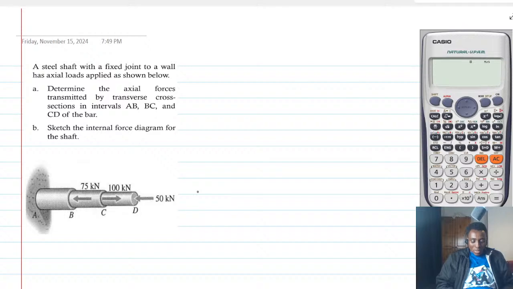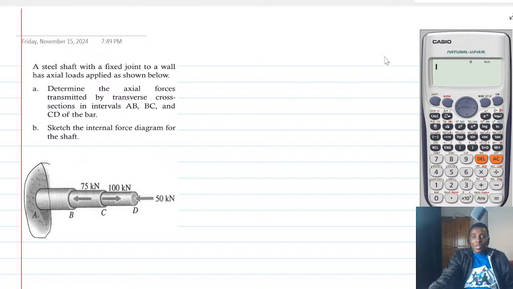Alright, so let's solve this problem. We are going to use the same concept, right? But just that this time around, if you look at it critically, you see that we have got a support reaction over here.